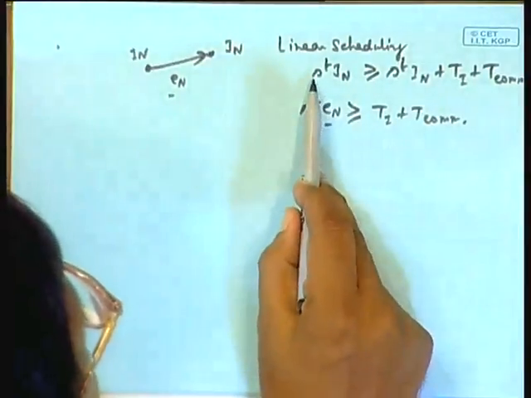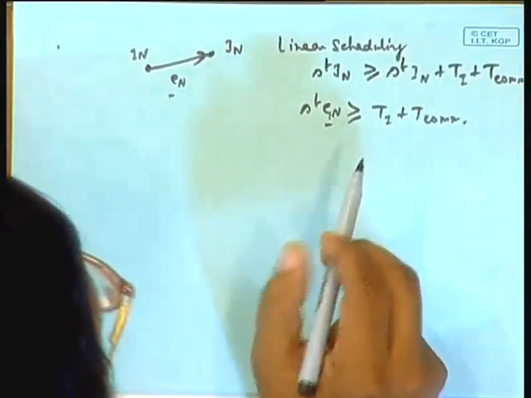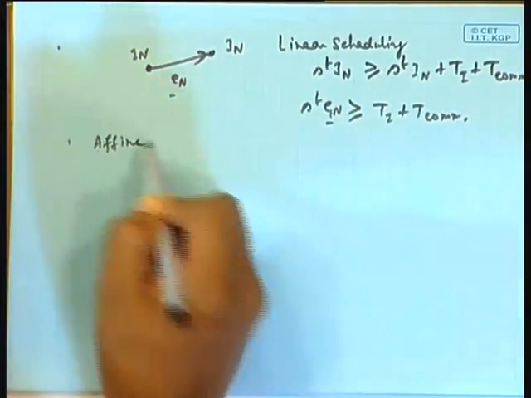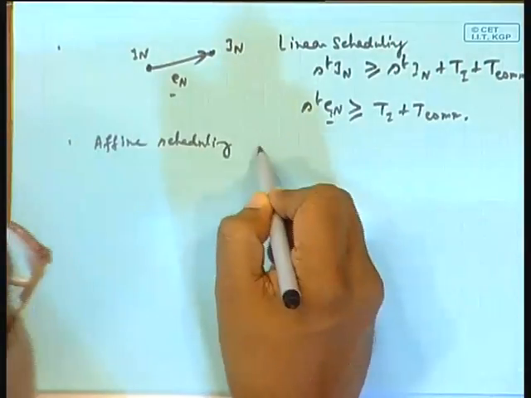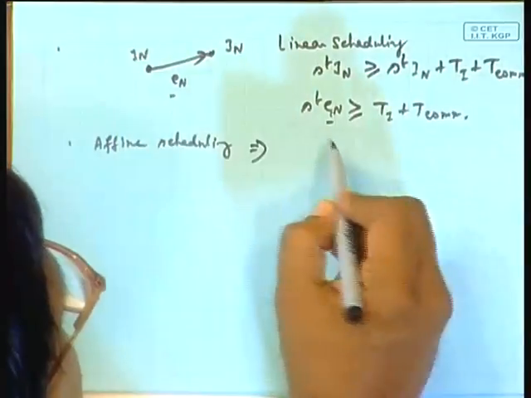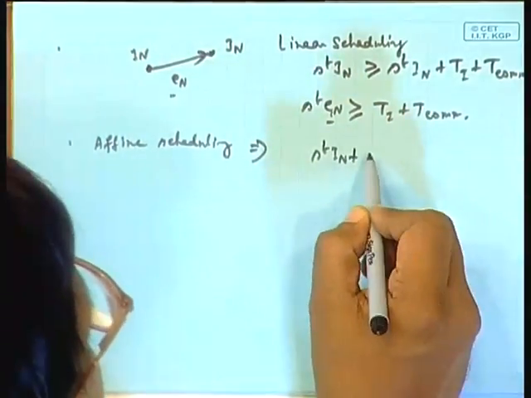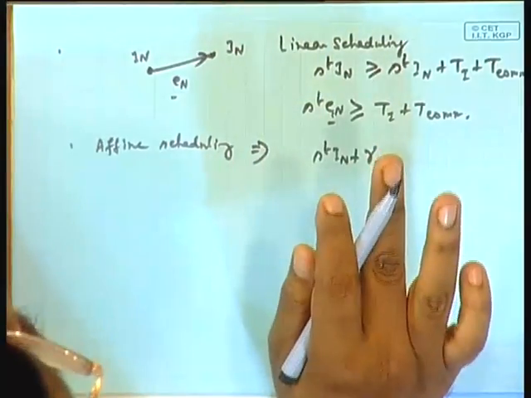It is just that it is linear in the S transpose E term present there, but we need an additional term. So, under affine scheduling, what we did was that the schedule for IN was S transpose IN plus, what did I say, gamma I. We introduced an offset as some constant.